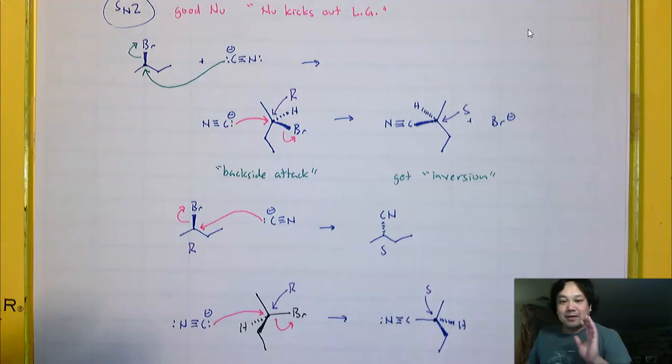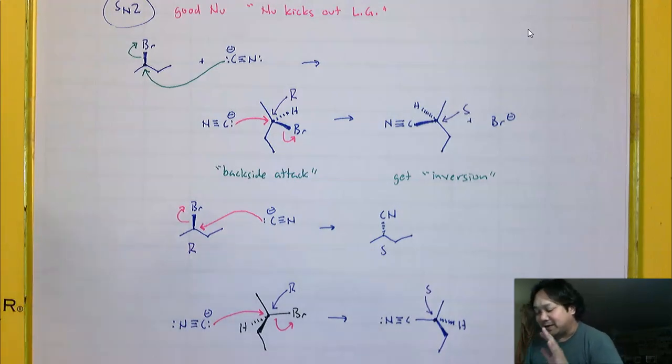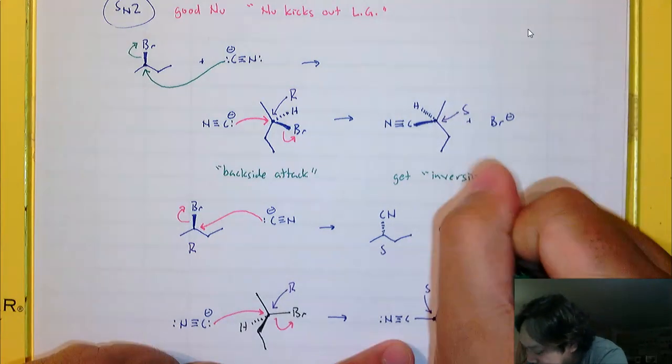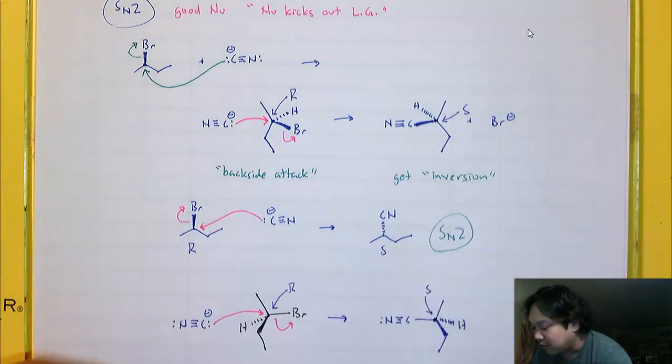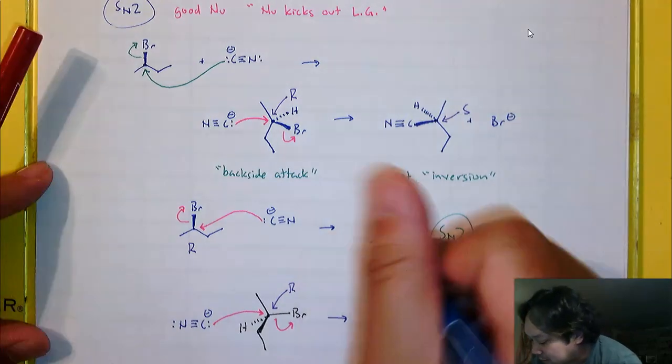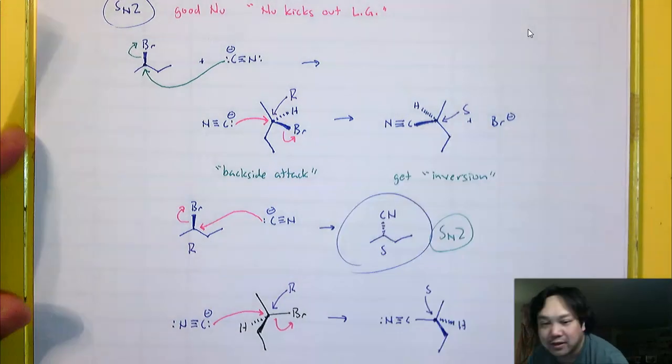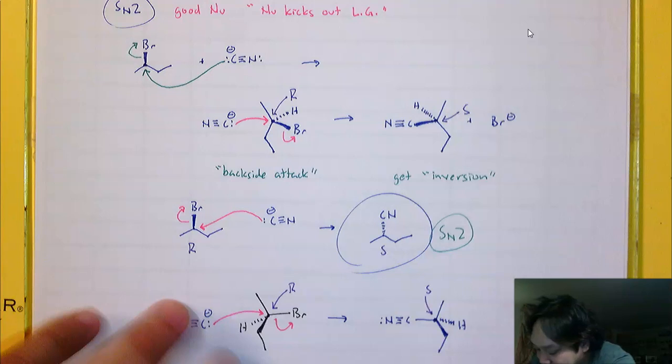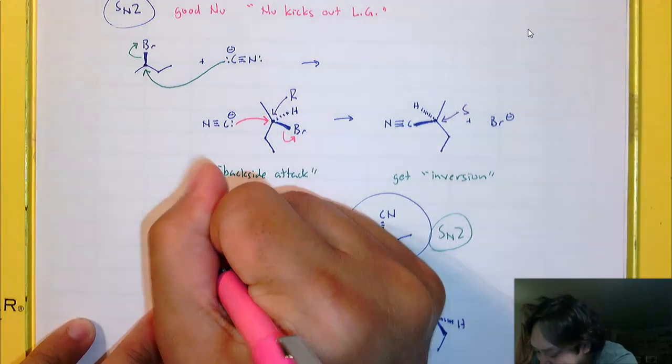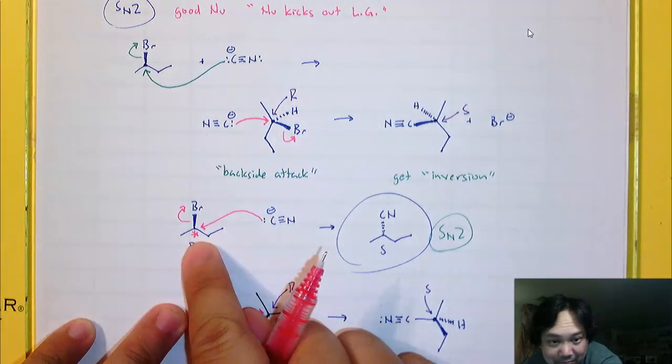Okay. Ultimately, if you think you did an SN2 reaction, then you have to draw an inverted product if your carbon that has a halide is a stereocenter.